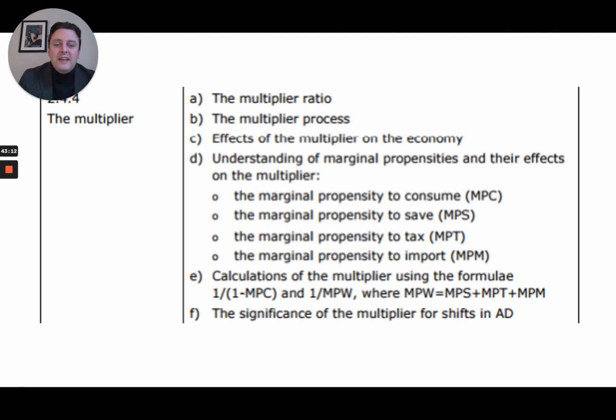We've done the calculations, and we have talked about the significance of the multiplier on AD. So that's my very quick recap of the multiplier effect and how to calculate it. Hopefully that made sense. It's fairly simple, and it's a really useful argument, calculation, and evaluation point.